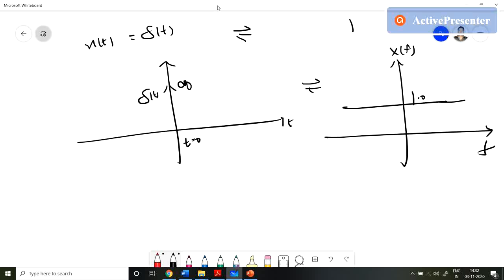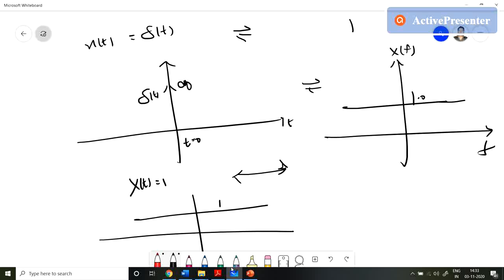Now if we take X(f) equal to 1, then the inverse Fourier transform: we have taken X(f) as 1, the Fourier transform of delta(t), in the frequency domain. Now if we replace f by t, it means now it is x(t) equal to 1. If we draw that, this is x(t), and that is 1.